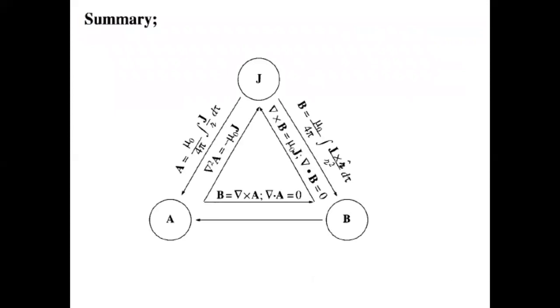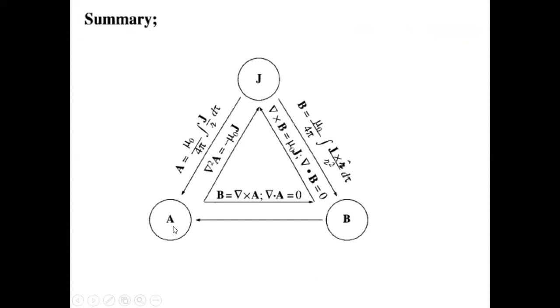Now in magnetostatics, because we just initiated this whole section of magnetostatics, there are key factors like J: the volume current density, the magnetic field, and the vector potential.